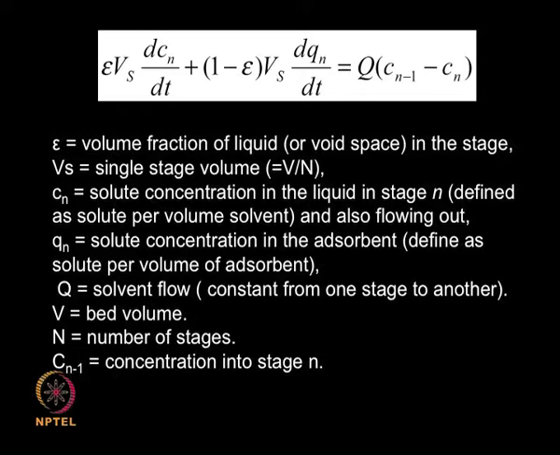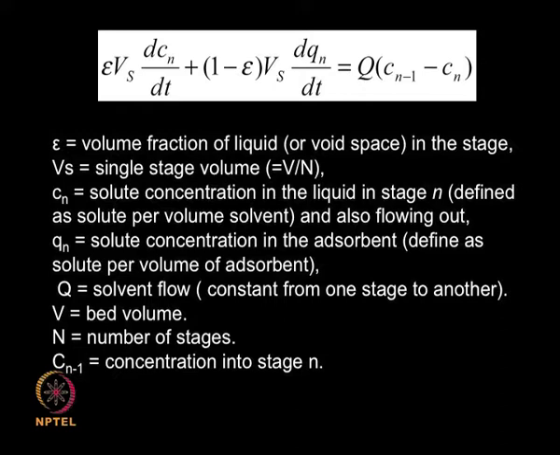Q is your solvent flow rate. We assume that the solvent flow rate is constant in each of the stages. So Q into C(n-1) is the solute coming into the stage, and Q into Cn is the solute going out of the stage, so there is a minus term. This is the mass balance.